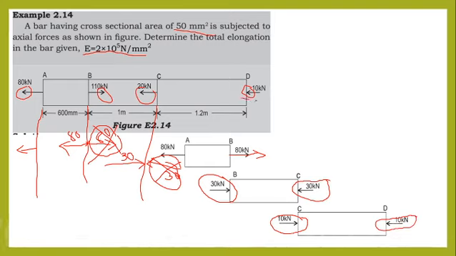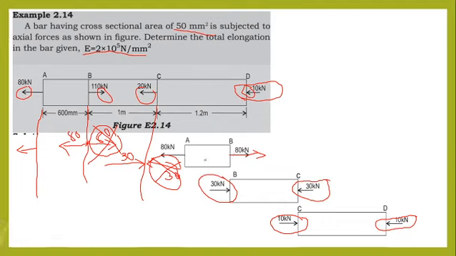At the end, we have checked whether it is matching with the end force of 10 kilonewton. Now it is matching. So our force system equilibrium is satisfied. So this is analyzing by dividing into sections and finding the individual forces on each section.